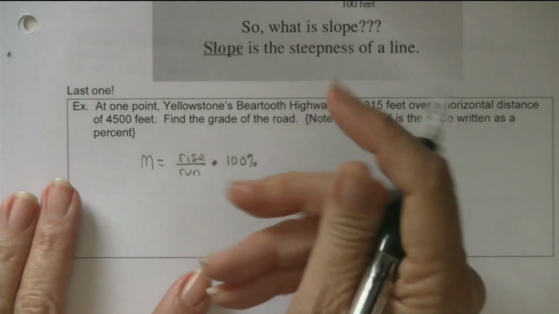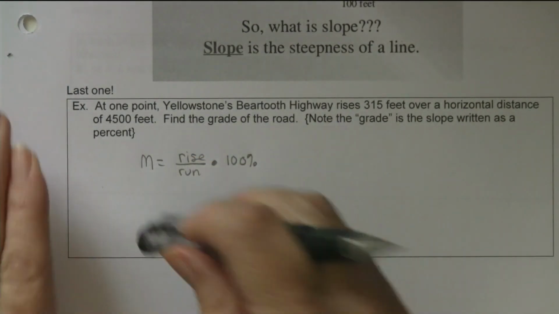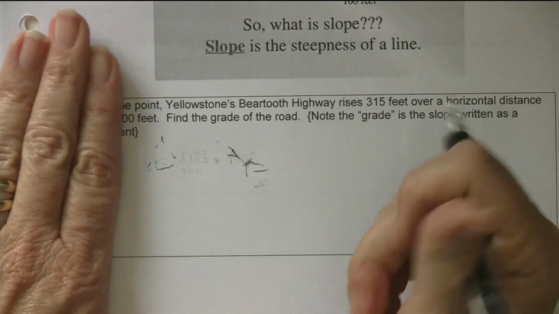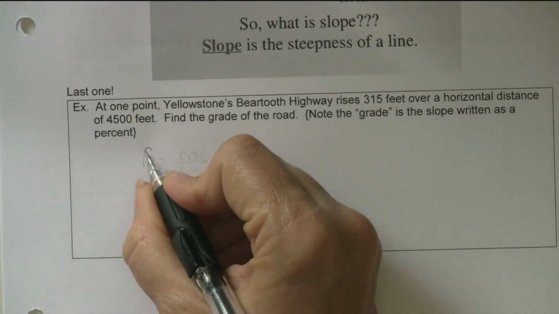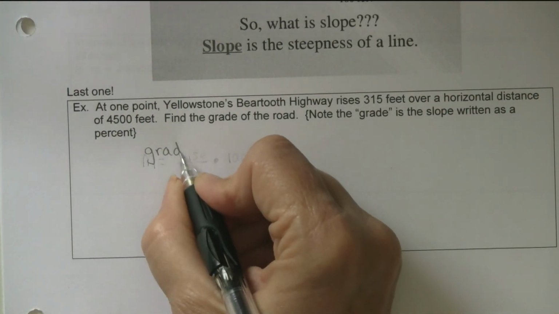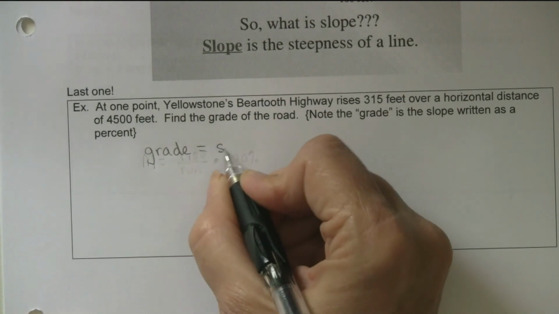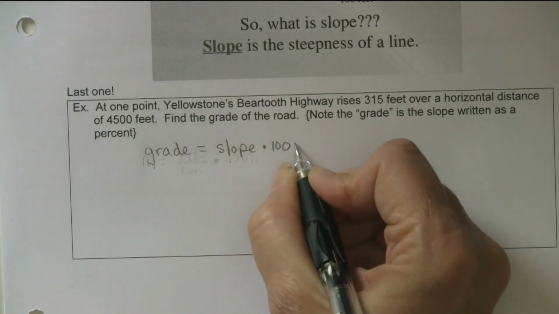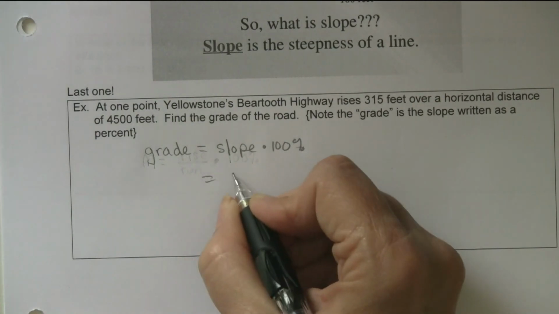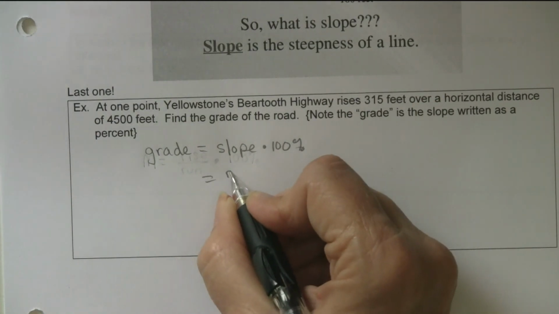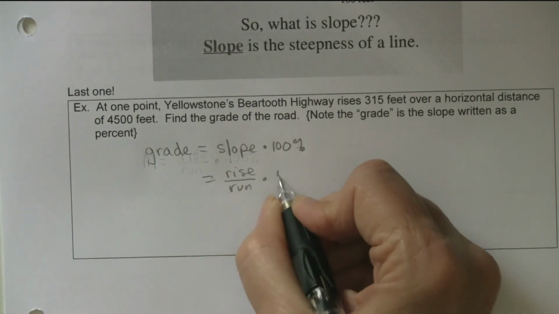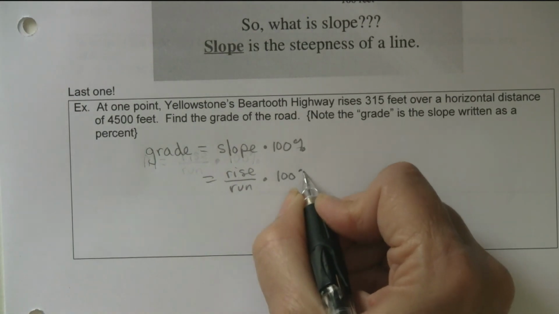So the grade is the slope times 100%. And the slope is the rise over the run. So times 100%. That's what the grade is.